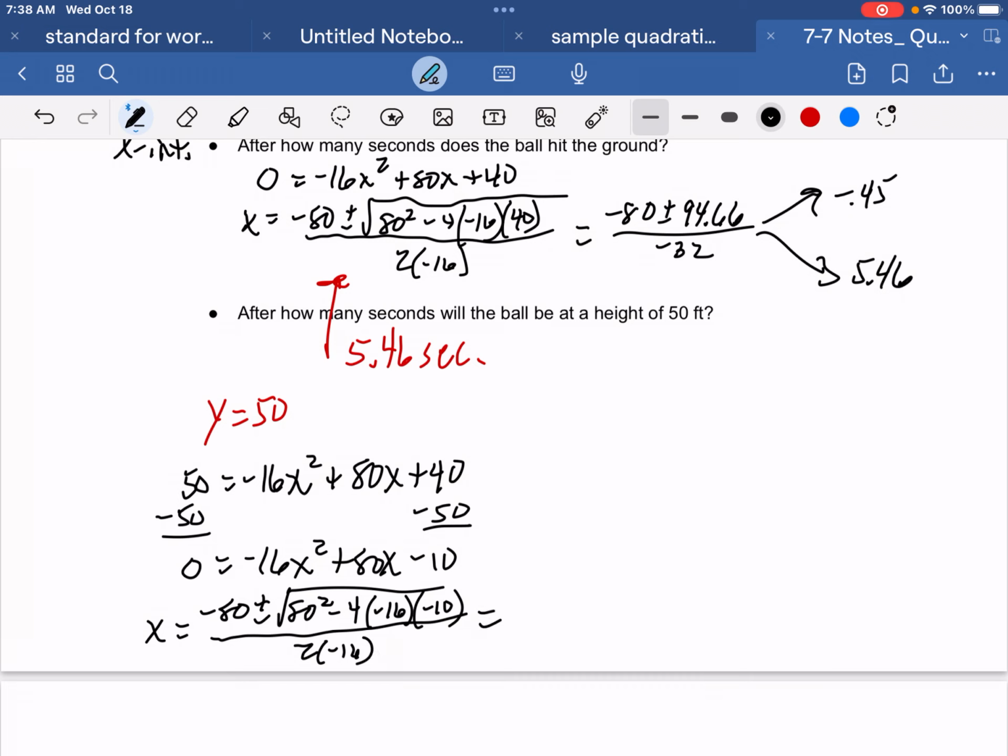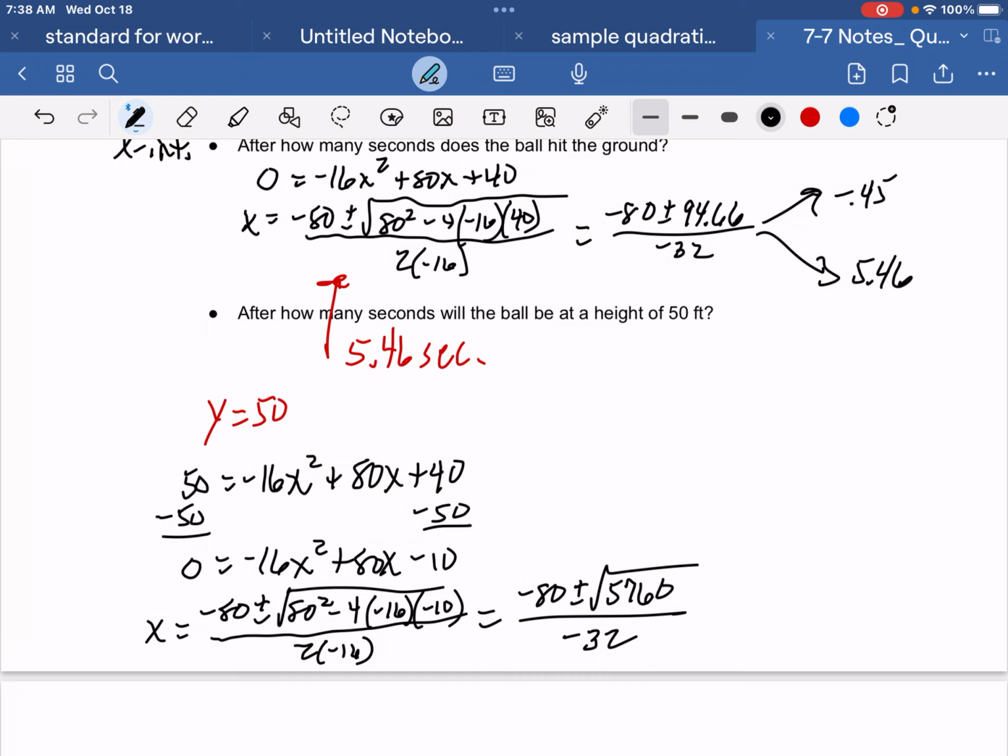Well, let's see what's under that square root. 80 squared minus 4 times negative 16 times negative 10 is 5,760. So now I have negative 80 plus and minus the square root of 5,760 over negative 32.